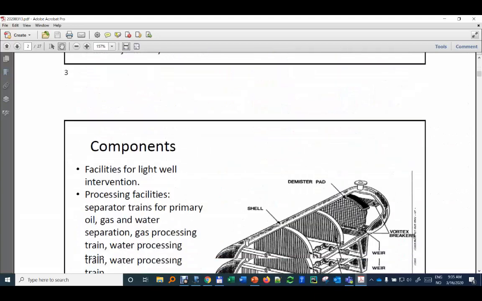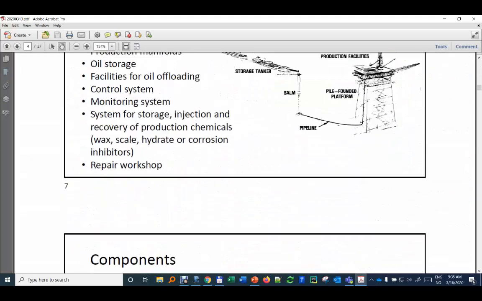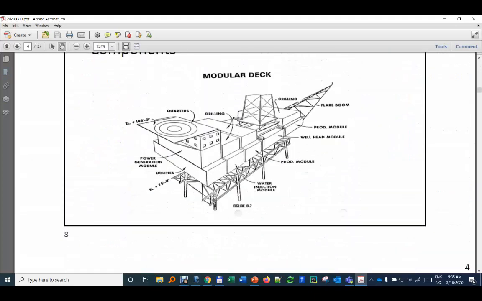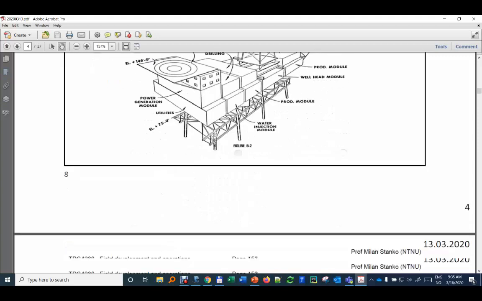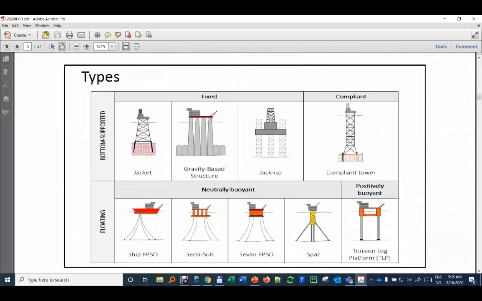Separation, well bay, offloading. We see how things are arranged on a platform, that they can be spread. We talked then that there are two main types. One of them is bottom supported, and one of them is floating.